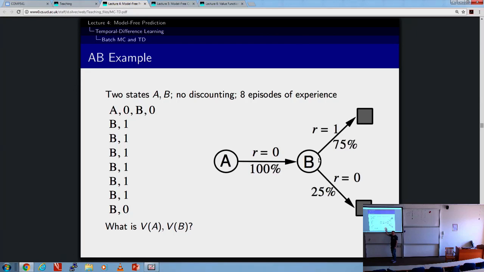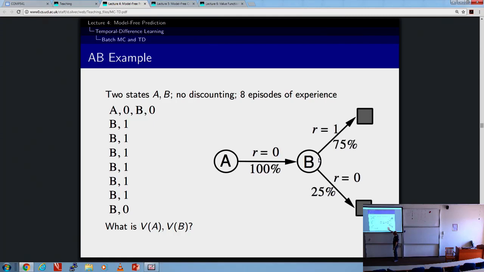So in this state diagram, it knows that from whatever I've seen, A always leads to B 100% of the time, right? And from B, 75% of the time I get reward 1, 25% of the time I get reward 0. So this is the state diagram according to TD.